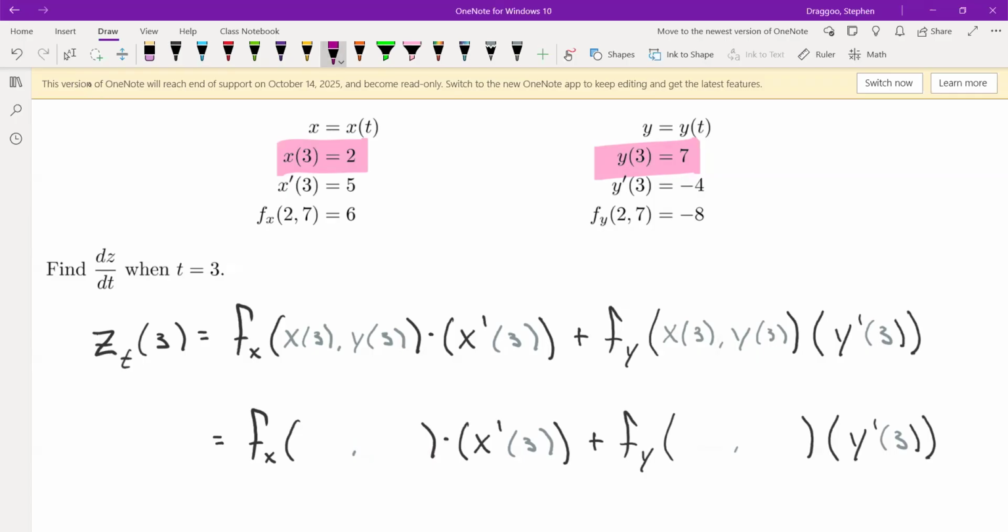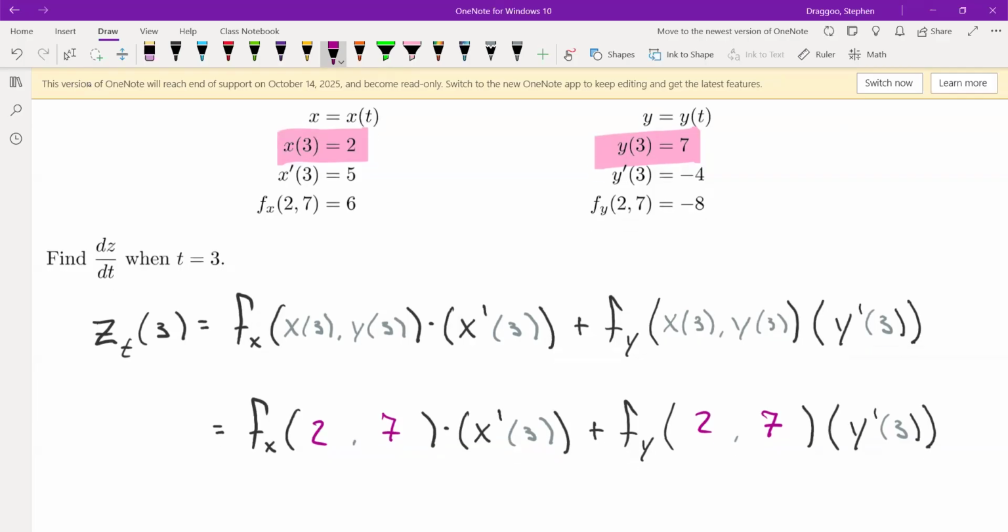So this should be 2, 7, and 2, 7. When I actually do go to replace the numbers, it should be f partial x of 2, 7 and f partial y of 2, 7, and not 3, because it's f partial x of x of 3 and y of 3.